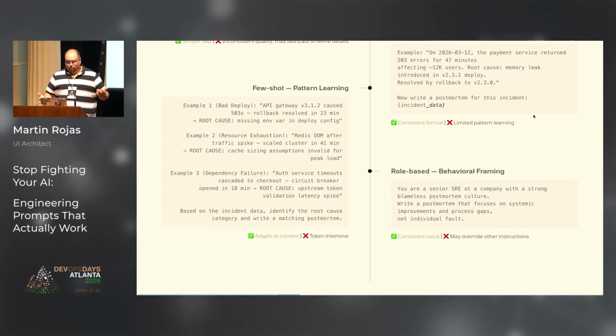And then the final one, the one that we heard so many times, the role-based, right? Act as a senior SRE, act as this. That is really powerful because those words or that role has a lot of assumptions, right? How people expect to act, the way they're thinking. There was a really good blog post from Anthropic that because all these models were trained mostly on literature, you've got to think about them as character sheets, right?